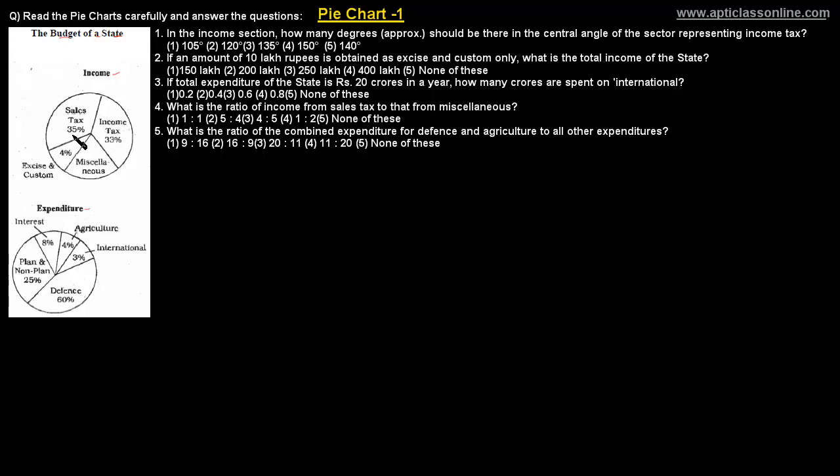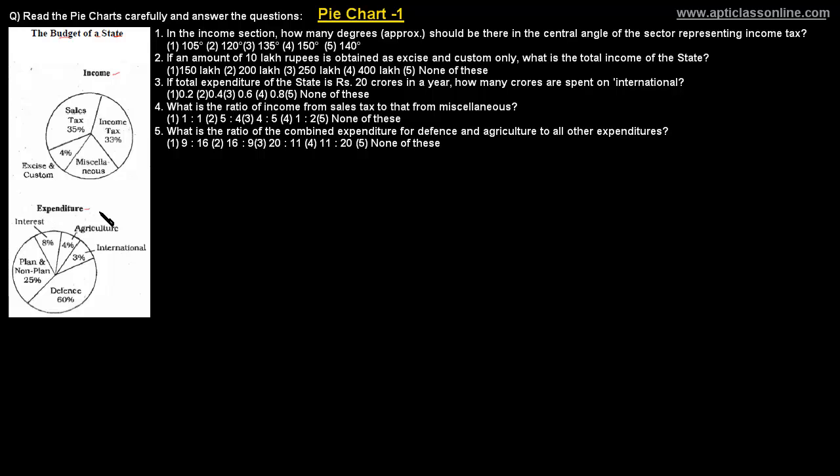That means sales tax is 35% of the total income, income tax is 33% of the total income, excise and custom is 4% of the total, and this miscellaneous is obviously 100% minus this and this. That's why this is not given. We can calculate that.